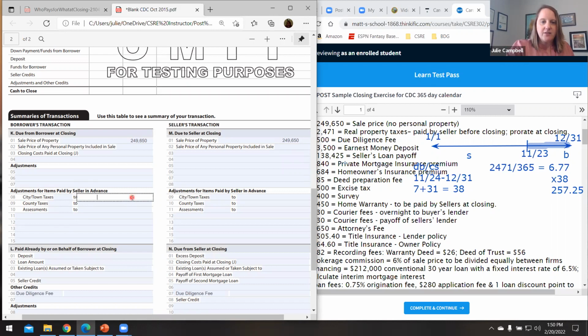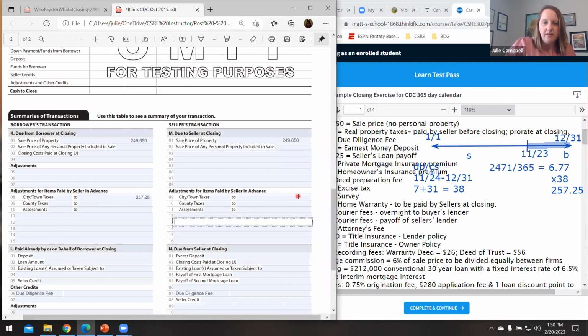And we decided that this was going to be a debit to the buyer of $257.25, and a credit to the seller. It's a double entry. It's a debit to one party and a credit to the other for the same amount. So we debit the buyer in K, and we credit the seller in M.